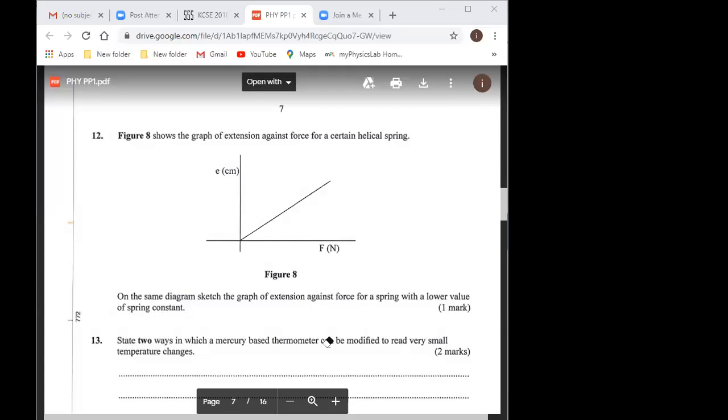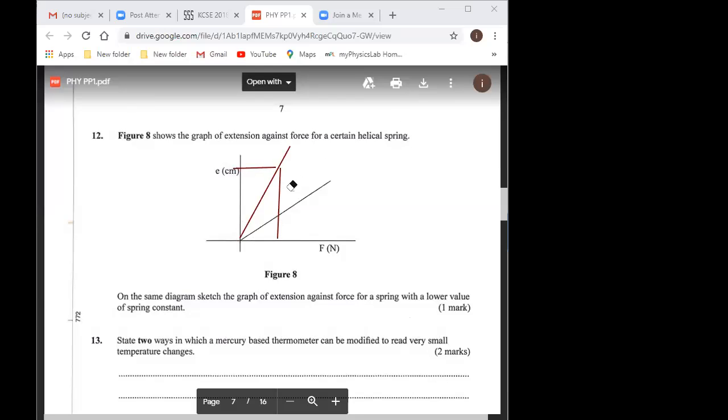Such a spring, for just a little amount of force, extends more. So it means that this is a line that will pass across this side such that a small force from here to here results in a higher extension from here up to here. So this is the line that was required.